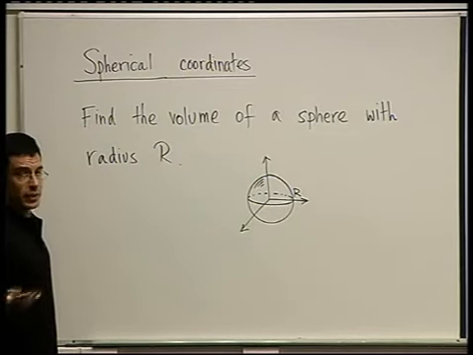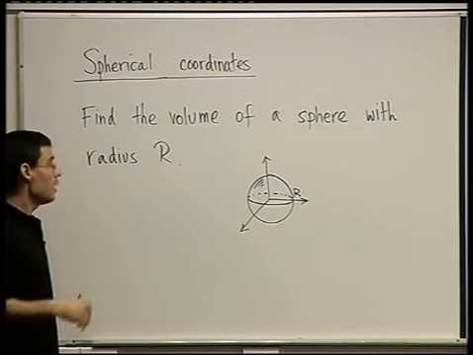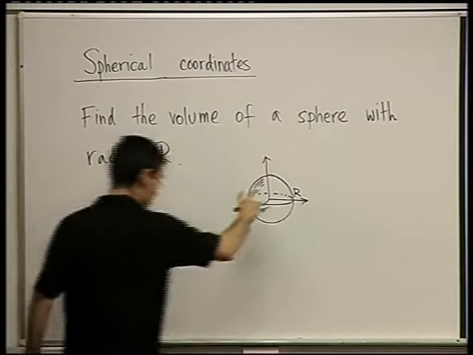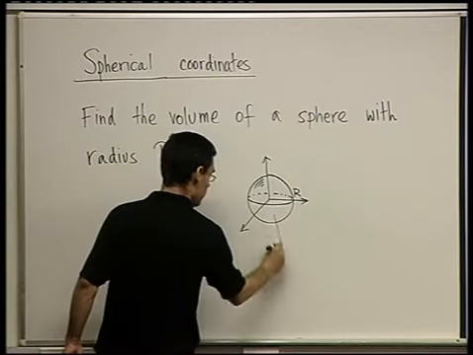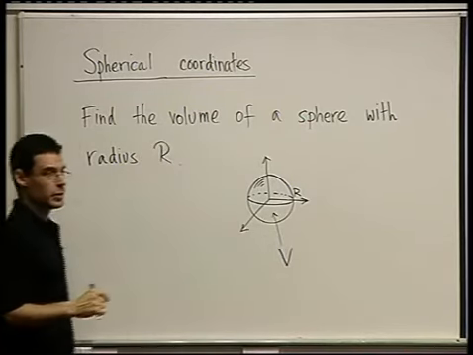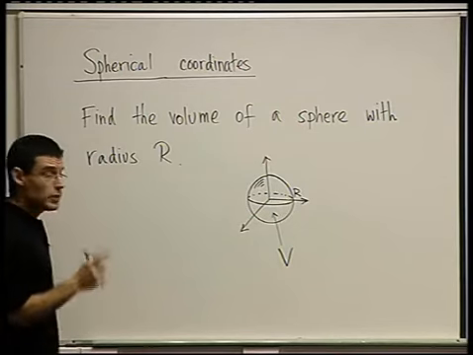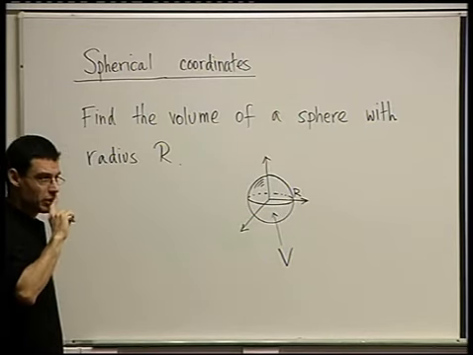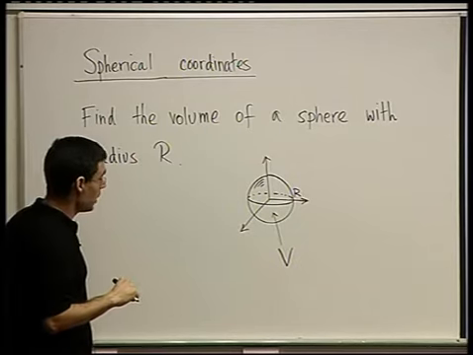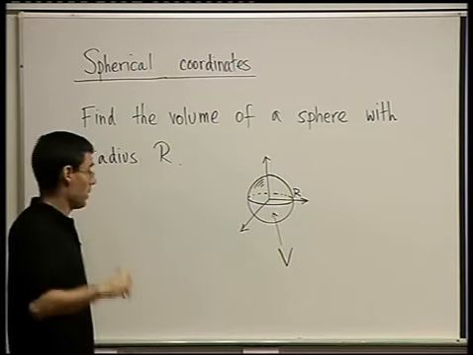How do I find volumes when I'm dealing with triple integrals? Well, I'm just going to calculate the triple integral over this sphere, which I'm going to call now, guess, V, of course. S is reserved for surfaces in this course. V is for three-dimensional bodies with volume.